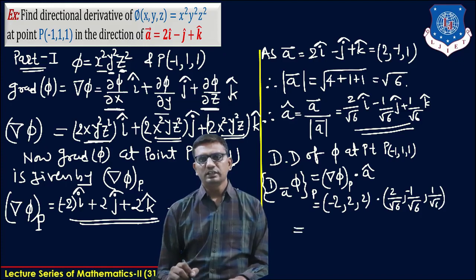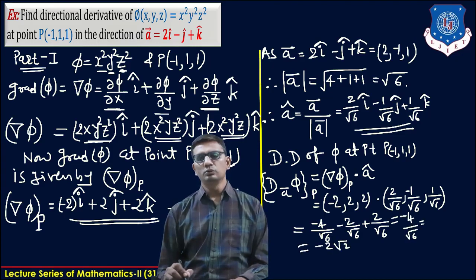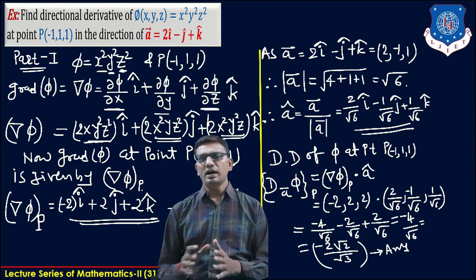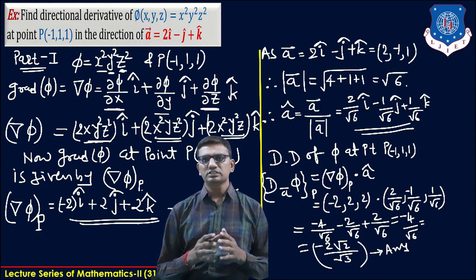So finally, after simplifying properly, we get minus 4 upon root 6 minus 2 upon root 6 plus 2 upon root 6. So finally we have the answer minus 2 root 2 upon root 3, which is our directional derivative of phi of x square y square z square at point minus 1, 1, 1 in the direction of a bar equal to 2 i caret minus j caret plus k caret.